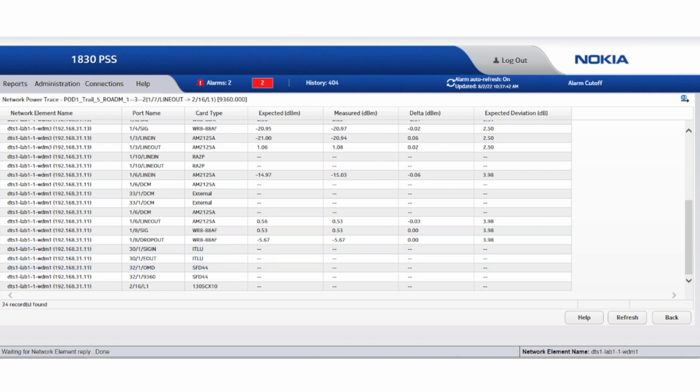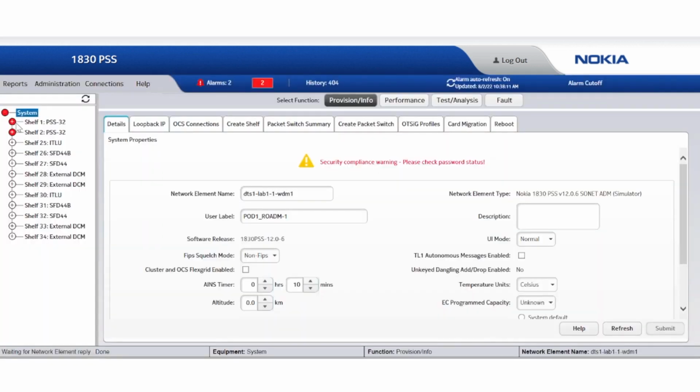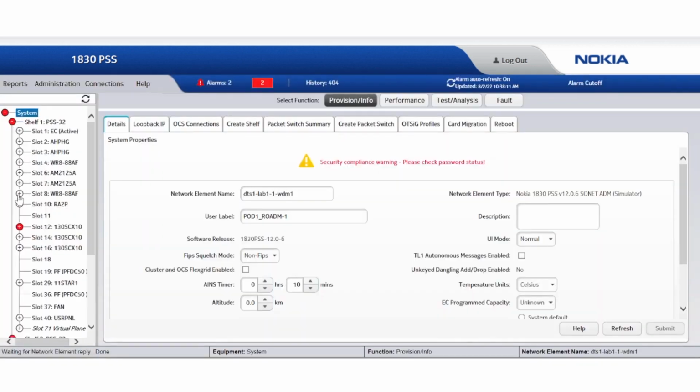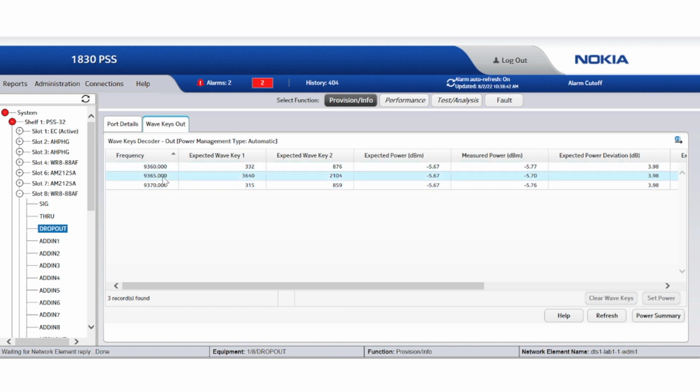Let us start with checking all channels crossing the fiber between WR8-1-8 dropout interface and the interleaver in node 1. Besides the two affected channels, channel 9365 is also crossing the WR8 interface without being alarmed.